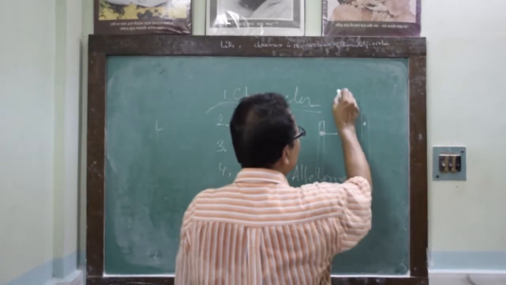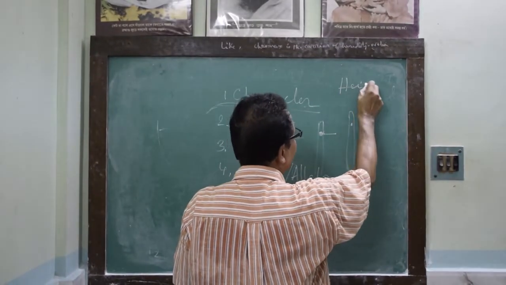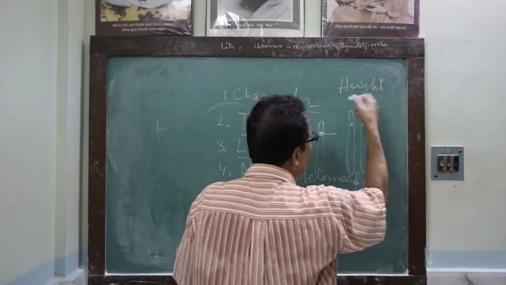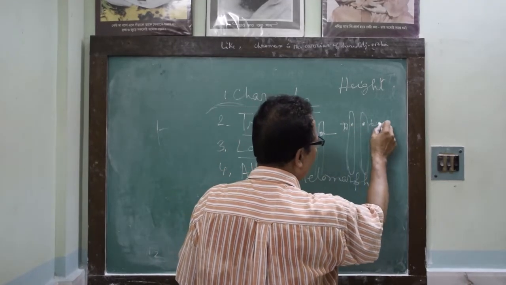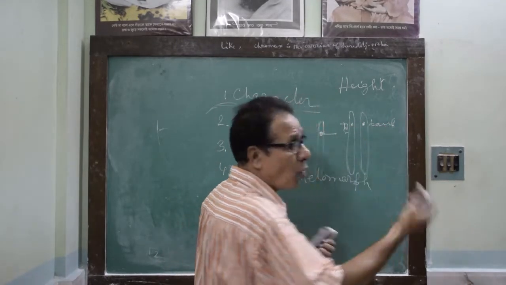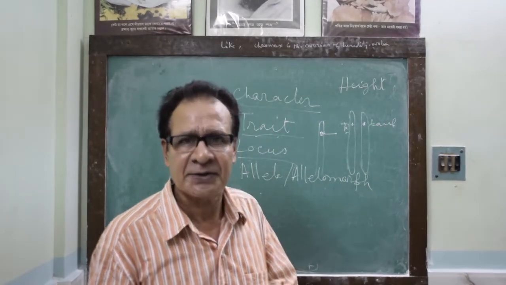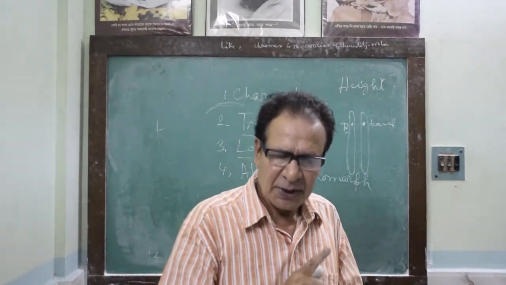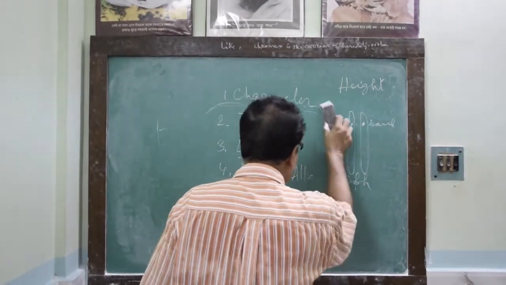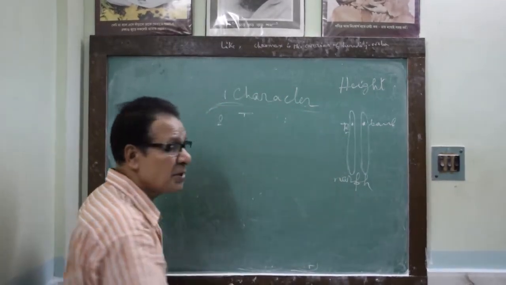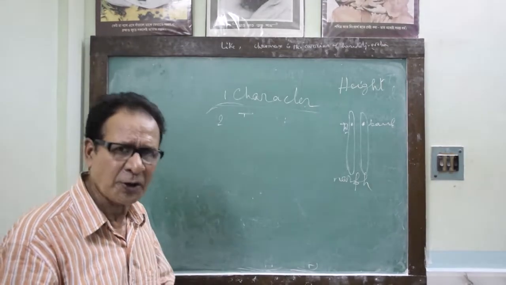Here, suppose the height character of the pea plant has alternate forms, tall and dwarf. So tall and dwarf, the alternate forms, are the alleles. But in a homologous chromosome pair, the genes present may be in similar form or alternate form.